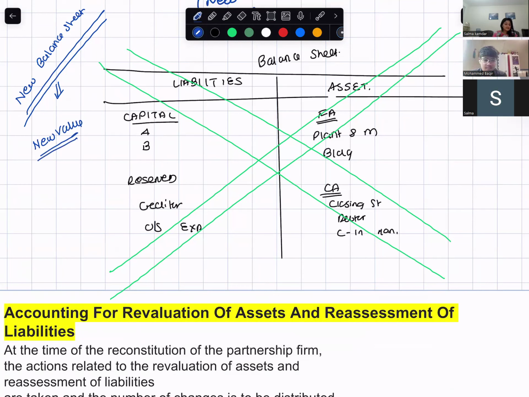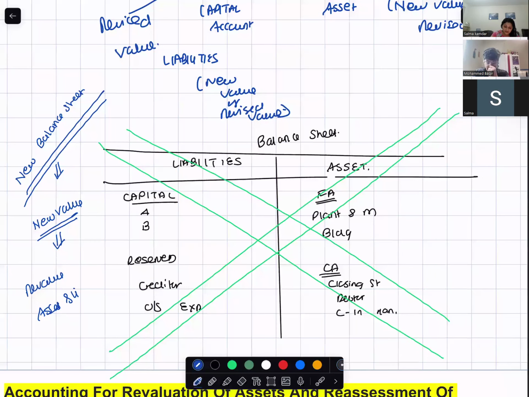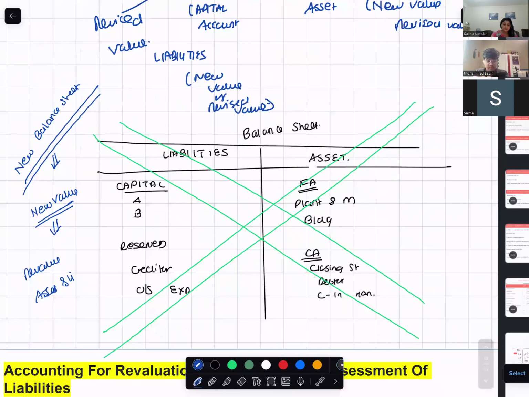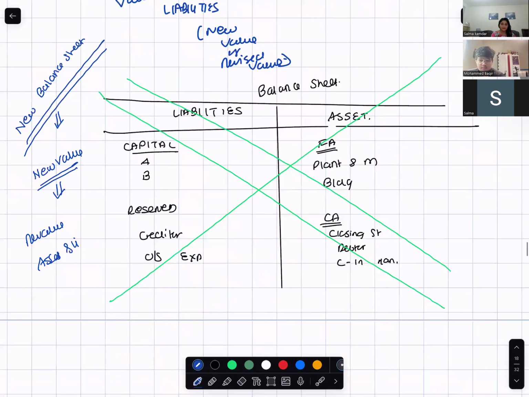So in this case, you need to do what? You need to revalue your assets and liabilities. Can you go through this and write your notes about it? What do you have to do in such a situation? You have to close the old balance sheet and you have to prepare the new balance sheet.